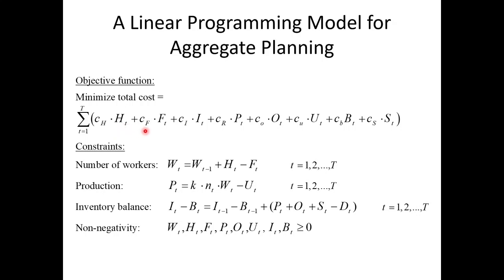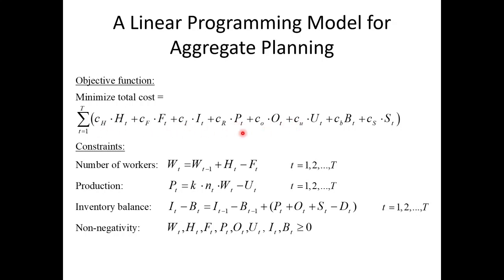Then we have the cost of firing a worker times the number of fired workers, the cost of holding inventory times the quantity kept in inventory at the end of the period, the cost of regular production times the decision variable that represents the production quantity in period T, and so on.